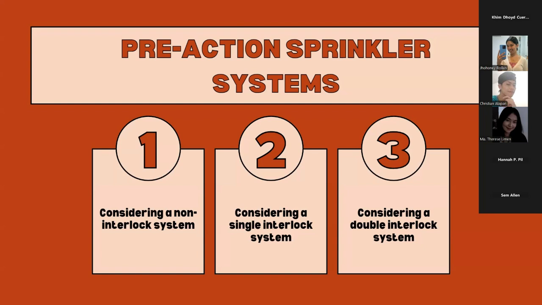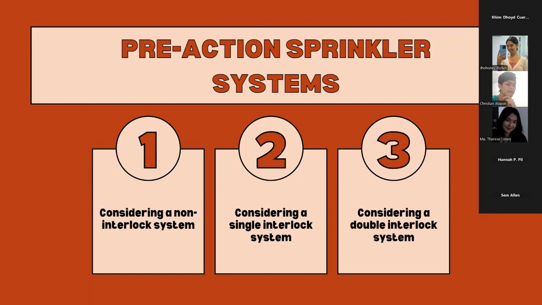The system activates faster than a non-interlock system because there is no delay timer. Second, the complexity is reduced. It's less complex than the previous consideration, the non-interlock system, potentially reducing maintenance requirements.